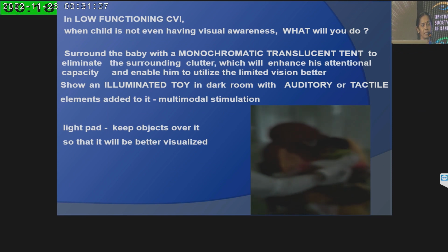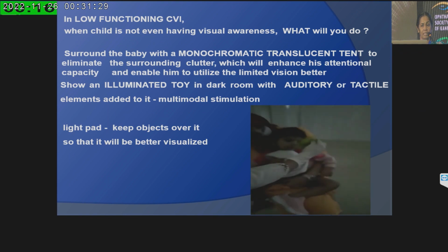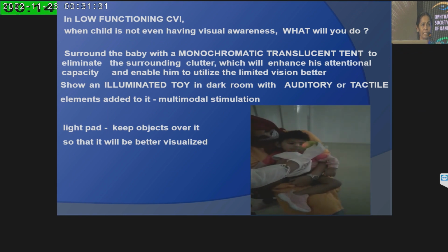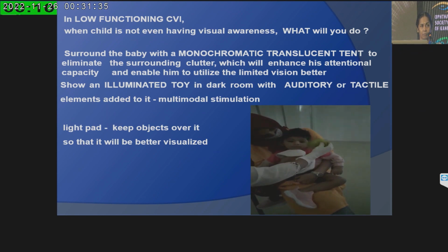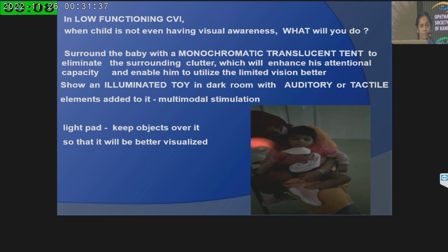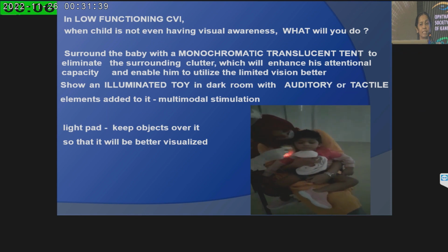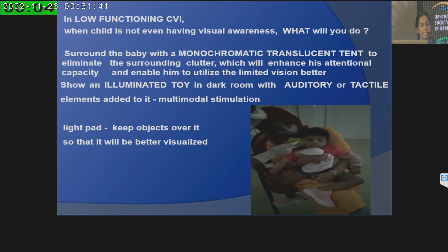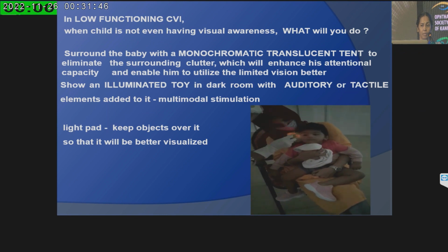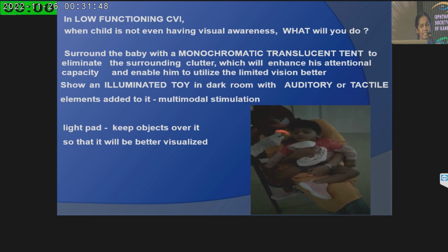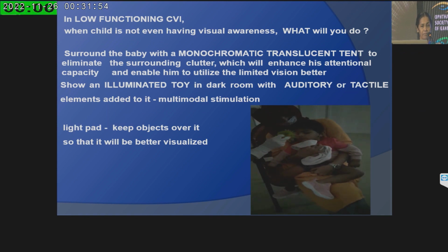You cannot assess the vision. In such children, we can eliminate the other objects which compete for the vision by surrounding them with a monochromatic translucent tent. And you show them something which will enhance their attentional capacity and enable them to utilize the limited vision.